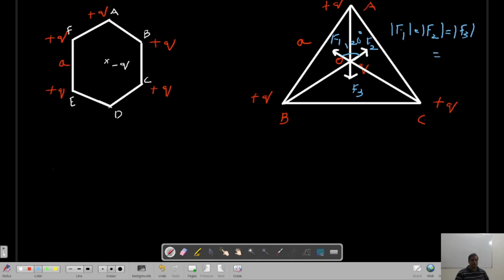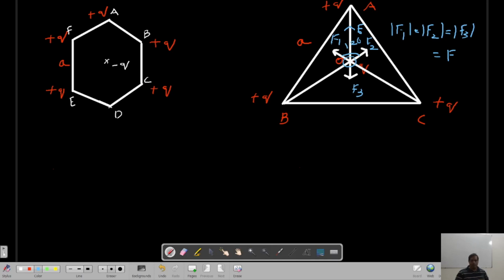Then the resultant of these two forces, acting at 120 degrees, has a magnitude F, and is acting at 60 degrees with either vector. The resultant will be along the bisector. Now look at F3. F3 has the same magnitude as F1 and F2, and it is acting opposite to the direction in which F is acting. Therefore, the resultant of F and F3 will be 0, which means that the net force experienced by the charge at O is 0.